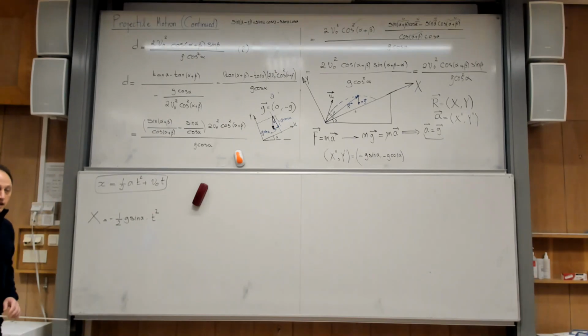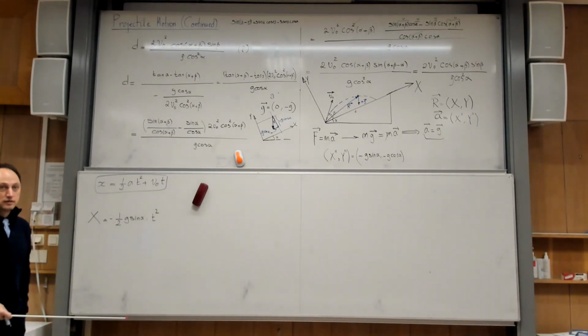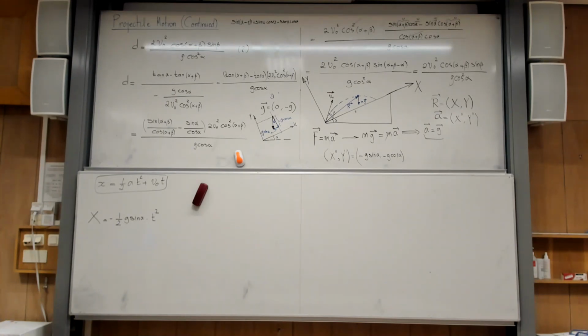And now, can you tell me what I should write for v node in this case? V node in this case is the initial velocity along this direction.